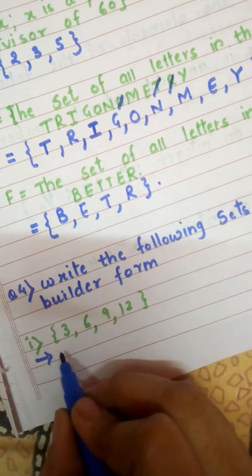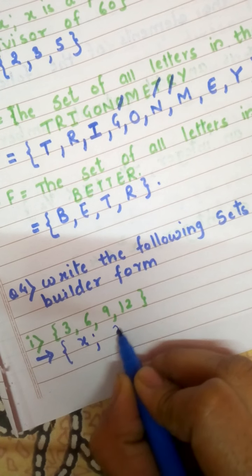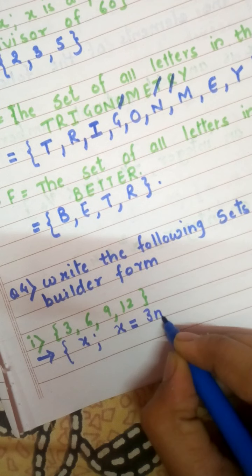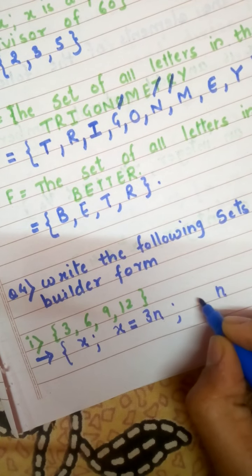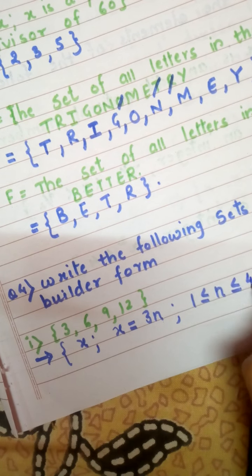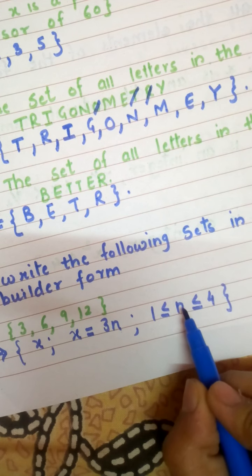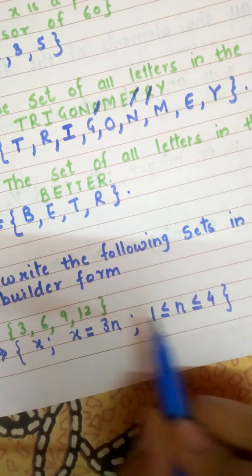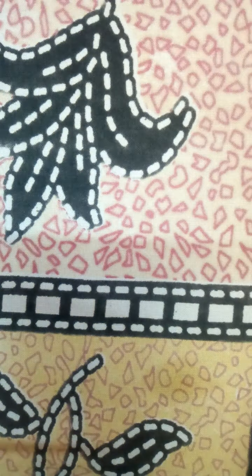Okay, so here we'll write it as x such that this x is equal to 3n, and this n will lie between 1 less than or equal to n less than or equal to 4. Okay, so when we will put the values of n between 1 and 4, we will get this set of elements.